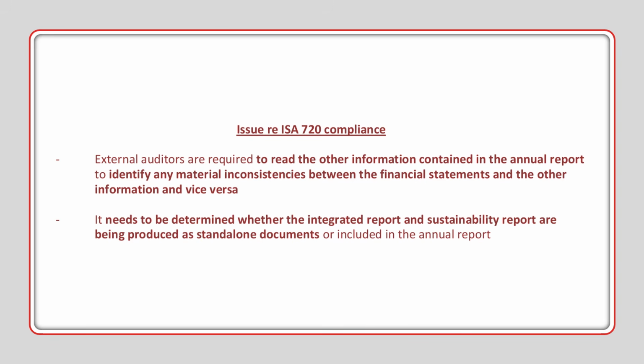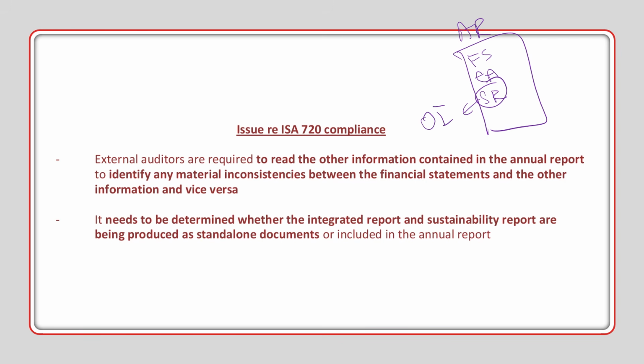Please remember this sustainability report, if it's published in the annual report, which contains the financial statements which we are auditing, this would become other information. So if the annual report includes the financial statements, the external auditor's report, and this sustainability report, this then becomes other information, and then I have additional responsibilities.